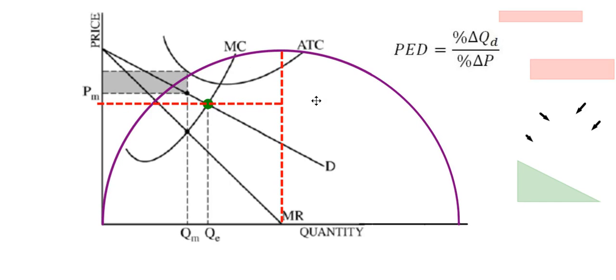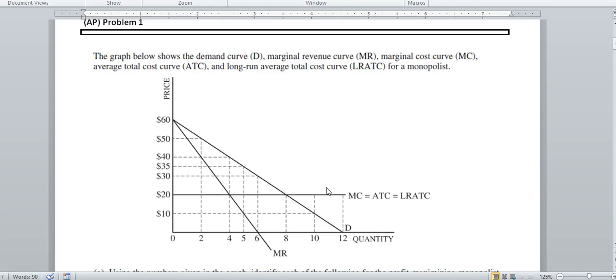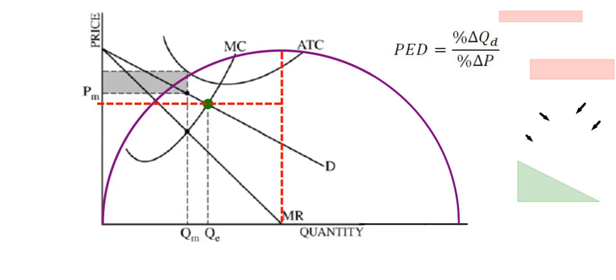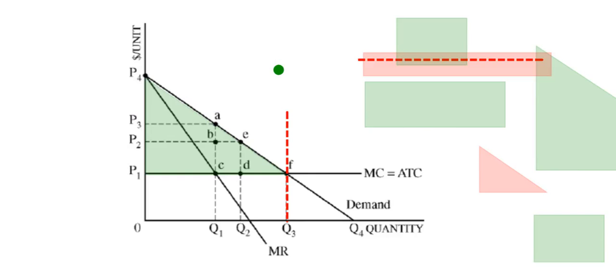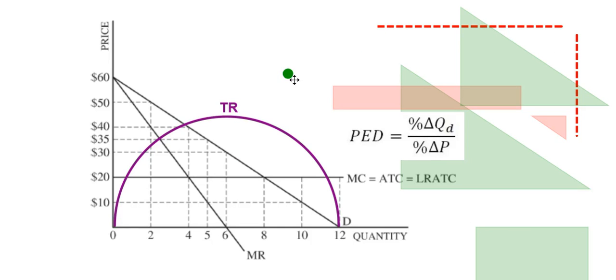In this case, the one you have for your homework, and it's one of the free response questions from a prior AP exam, your marginal cost curve equals your average total cost. So this just is telling us that whatever they're producing, they can produce as much as they want and the cost does not change at all.